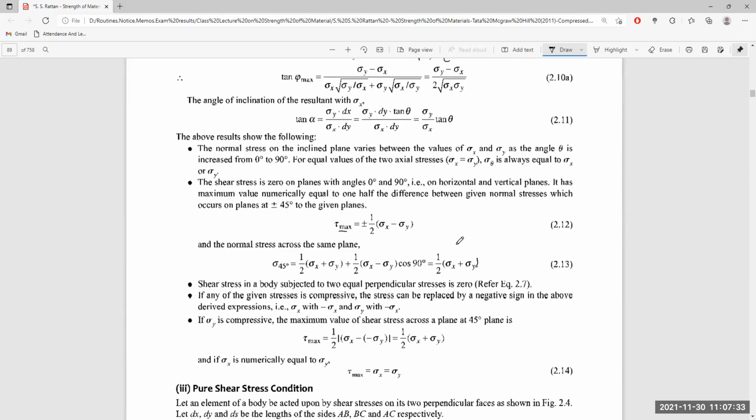Now, if any of the given stresses are compressive, the stress can be replaced by a negative sign in the above derived equation. So if sigma x becomes compressive, it becomes minus sigma x, and if sigma y becomes compressive, it will become minus sigma y.